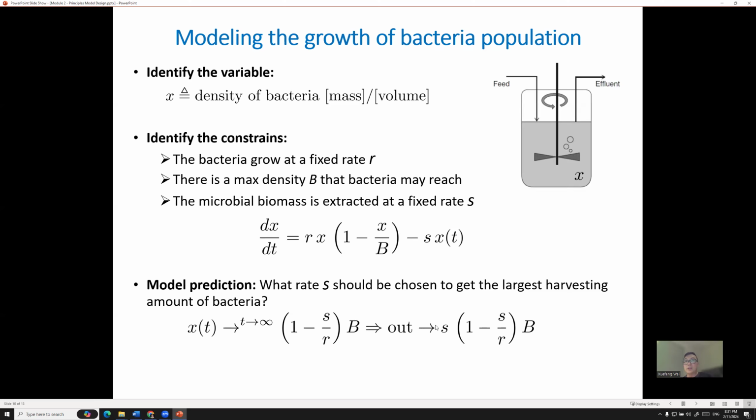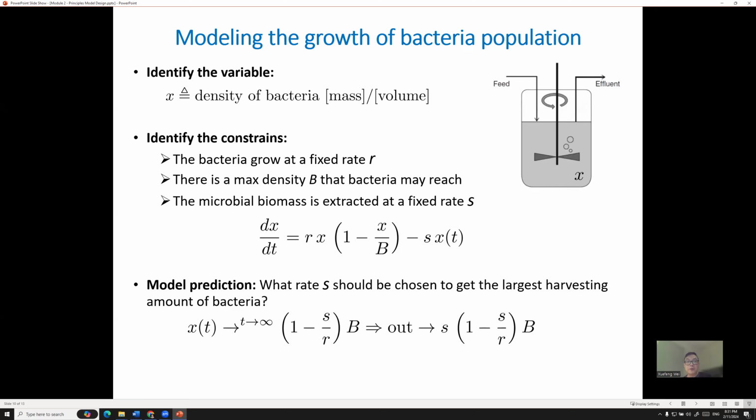The two roots are S equal to 0 and S equal to R. This concave function will reach its maximum in the middle, which is R over 2.